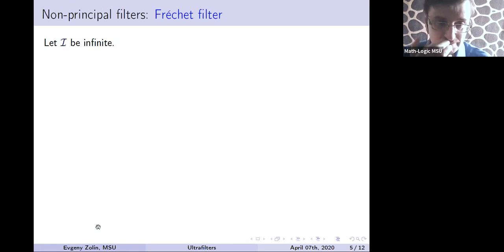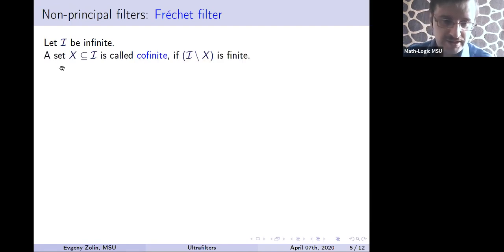So let I be an infinite set. Any subset X of I will be called cofinite if its complement is finite. For example, the whole set I is cofinite because its complement is empty, and so on. There are many cofinite subsets.